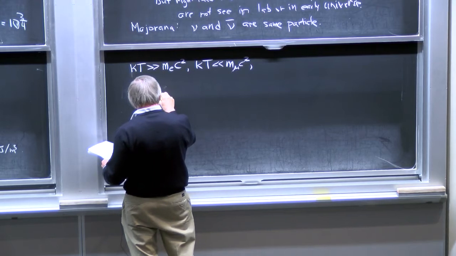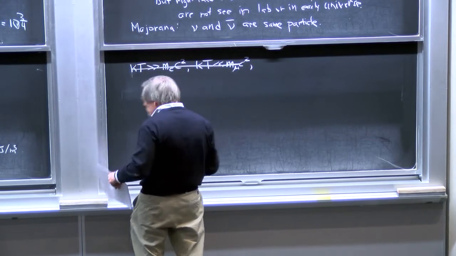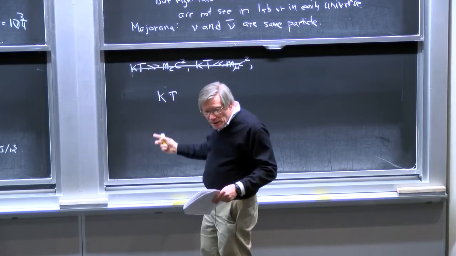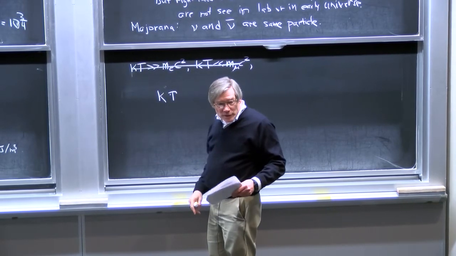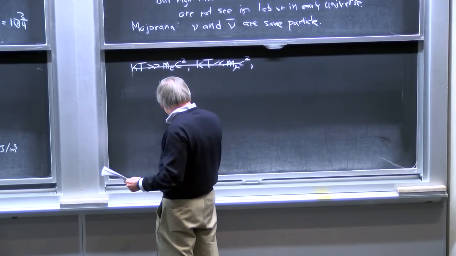I'm sorry, actually the formula is more general. As long as we know what little g is, and this formula is going to have a little g in it, then you can fill in the right value for any time period you want, and we can write down a formula for KT as a function of time.